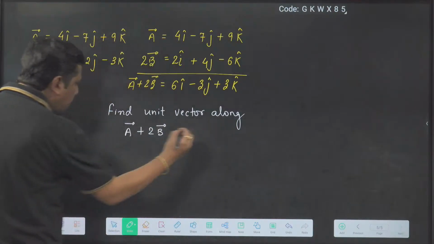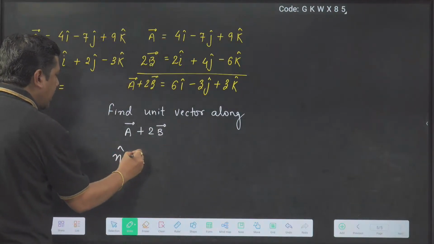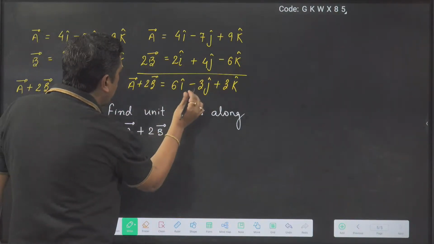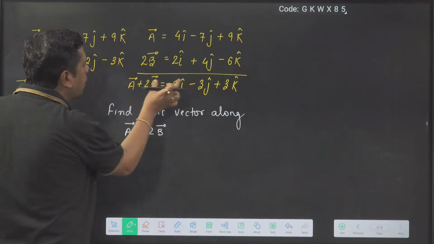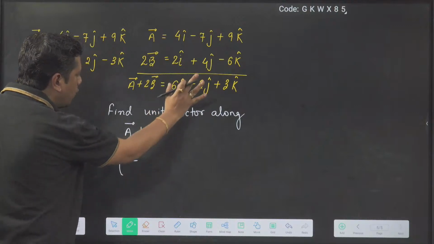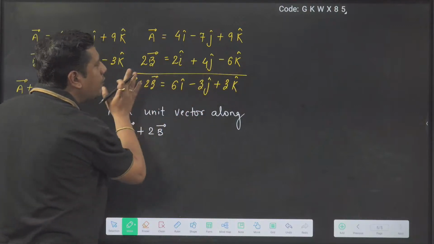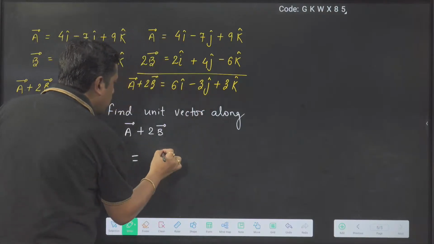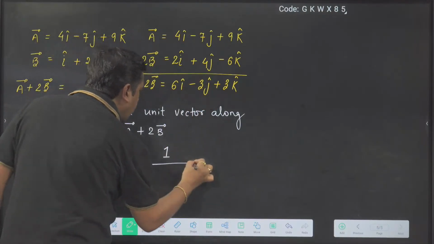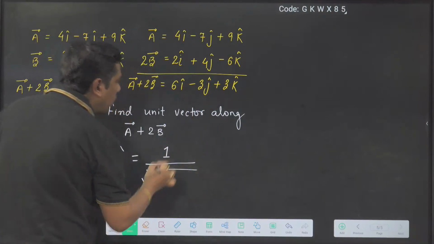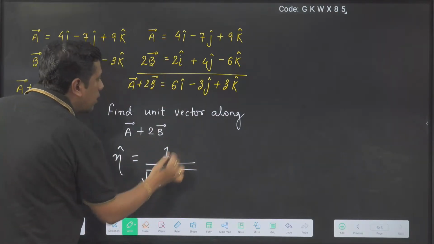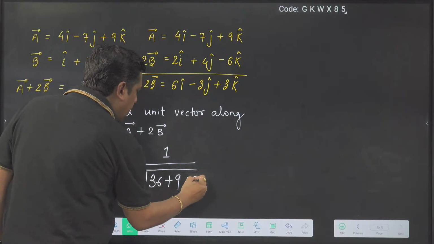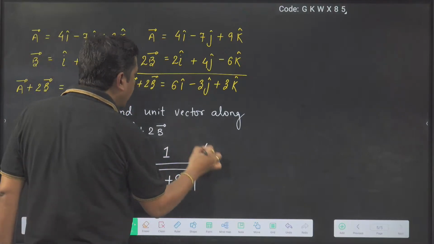So simple unit vector, let's write it with eta cap. Any number you can give, any symbol you can give. First of all, we have to find A vector plus 2B vector, which we have already found. Now you know what to do. This is the vector, you have to find the unit vector along this vector. First of all, find the magnitude of this. So you can say it's 1 by under root of 6 square, 36, minus 3 square is 9, plus 9.